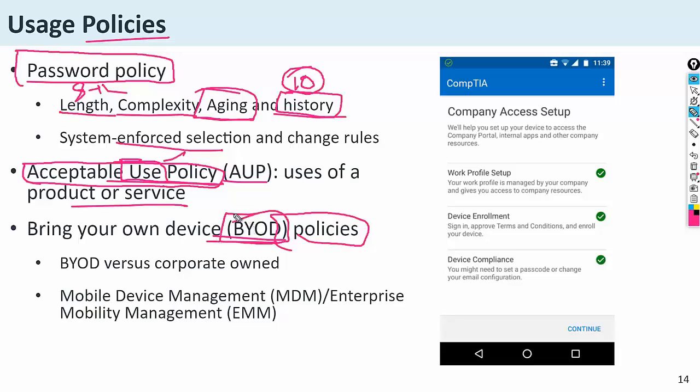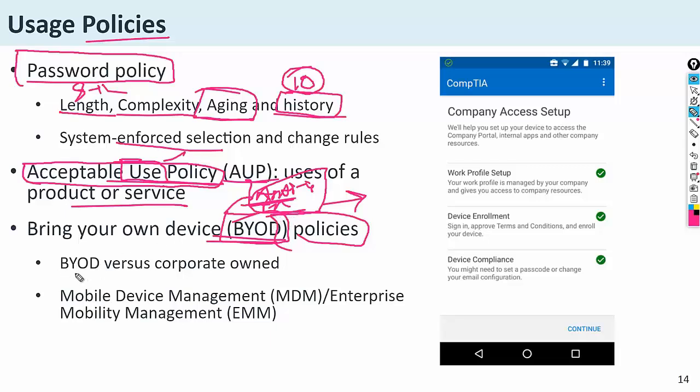So the policy may say you must have antivirus installed on a laptop, you must enable the firewall, you must have these security tools, and you will have to encrypt the data. So these are the parts of the policy.